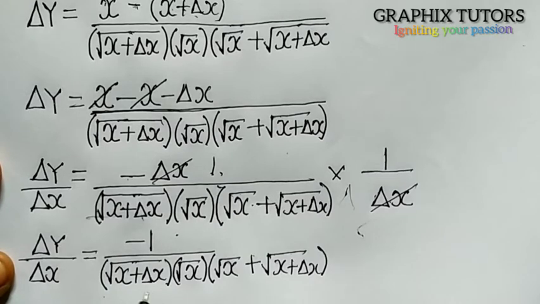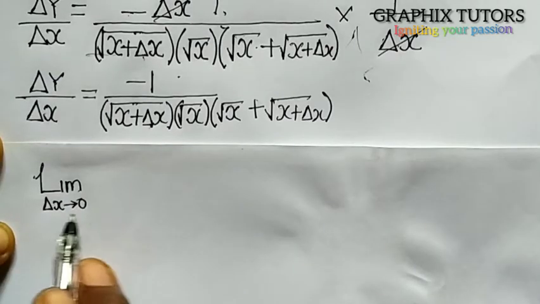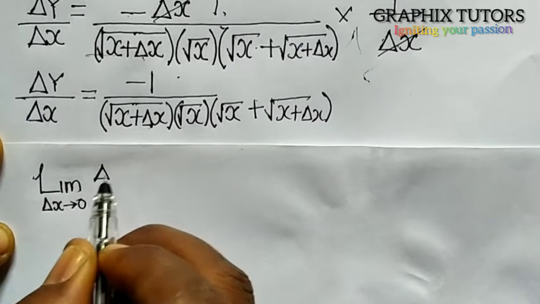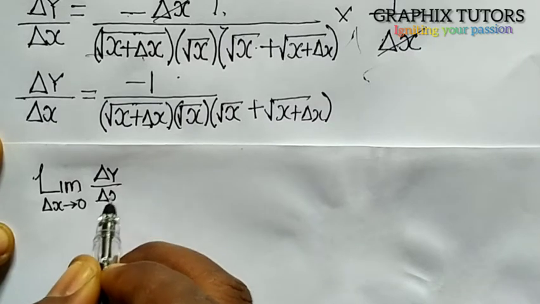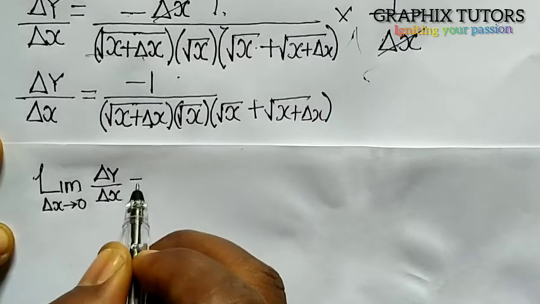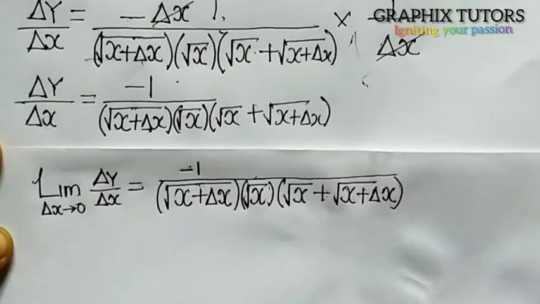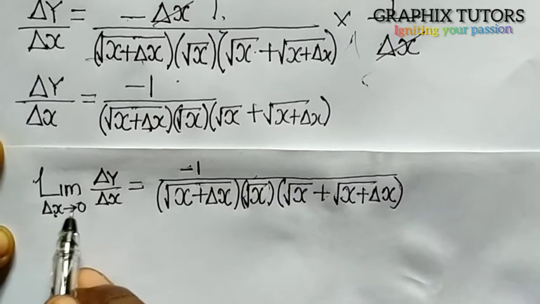Now the aim is there's still delta x here, so this time you're going to set delta x to 0. So you say the limit as delta x tends to 0, right? Then you put your delta y all over delta x equals, you write this guy back again. So it means anywhere I see delta x, I'm going to put 0.